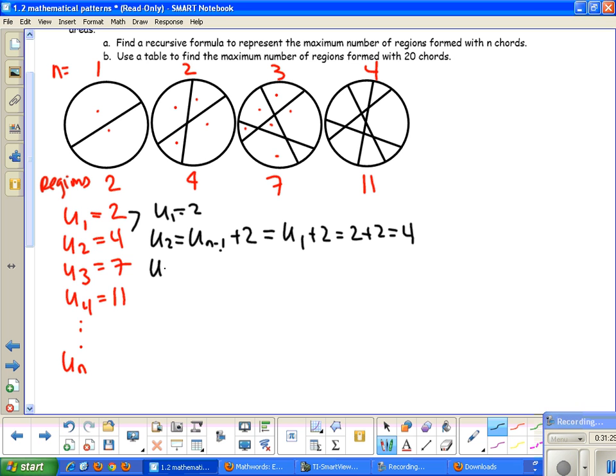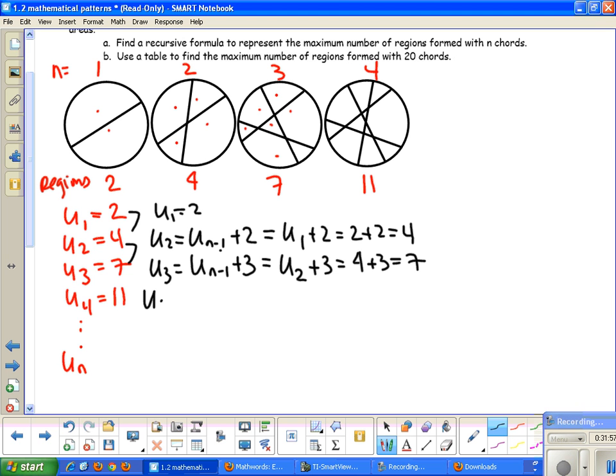If I do u sub 3, that would be equal to my previous term, which is 4, plus, now if we look from here to here, instead of 2, I added 3 regions. So u sub n minus 1 means I have u sub 3 minus 1, which is u sub 2, which is 4, plus 3, which gives me 7.